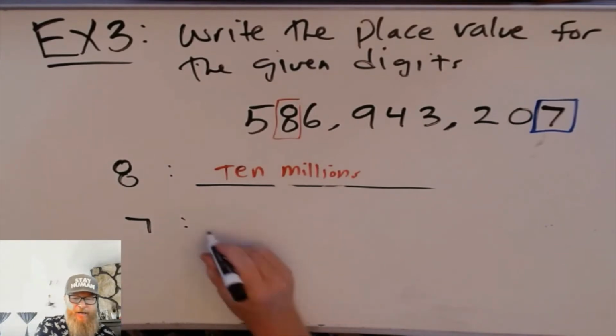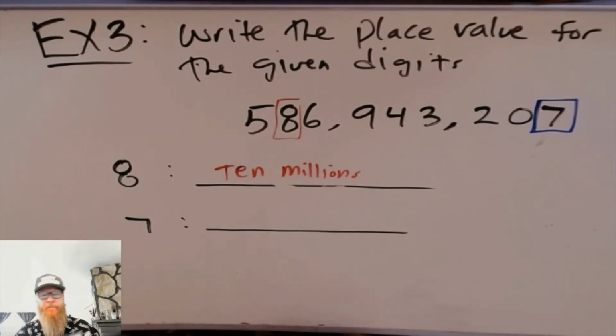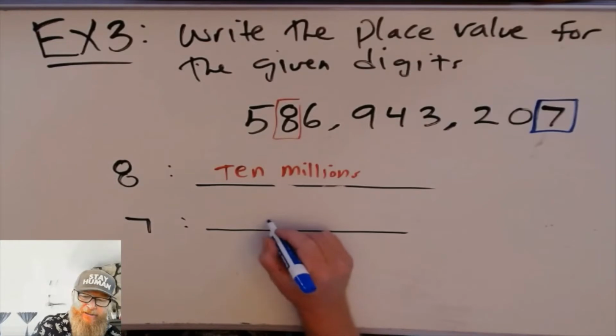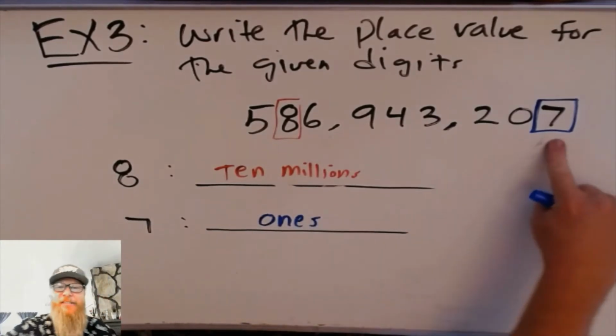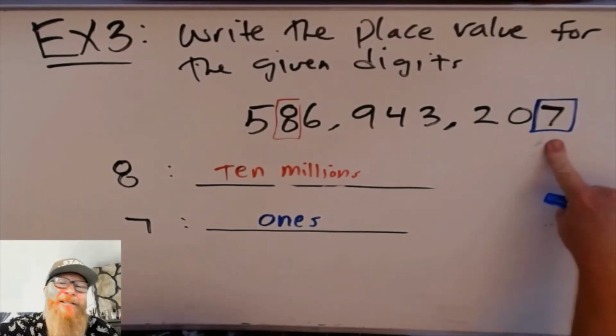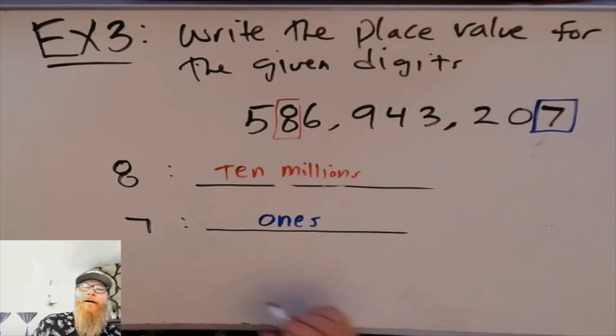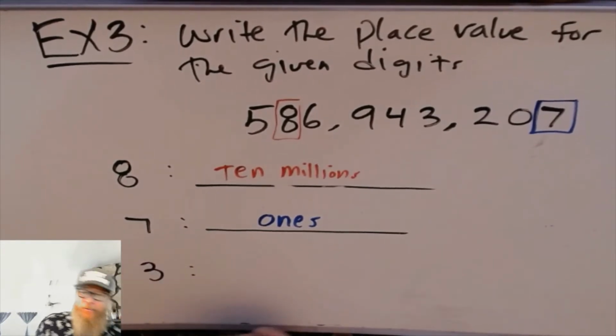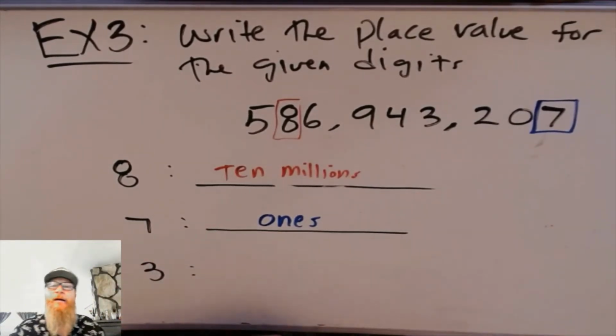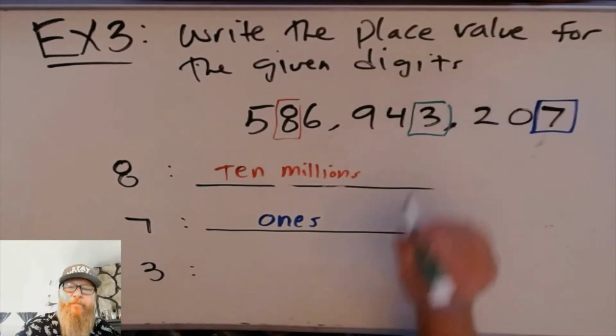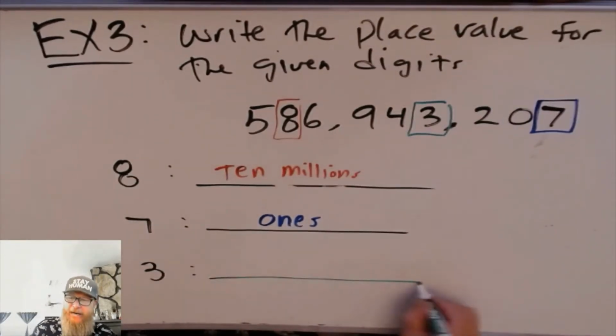What place value is that in? That one's the obvious one, right? That's the ones. It's the only one that really means what it says. 7 really means 7. One more. We'll go with 3. It's the place value for 3.